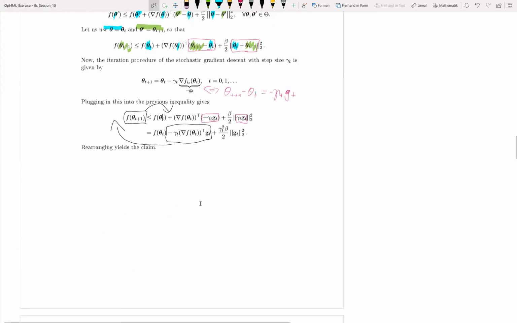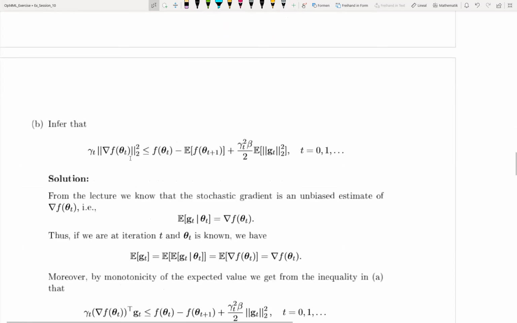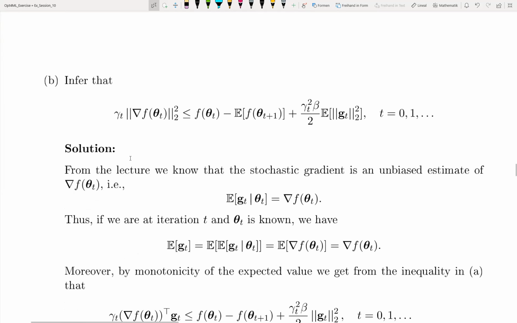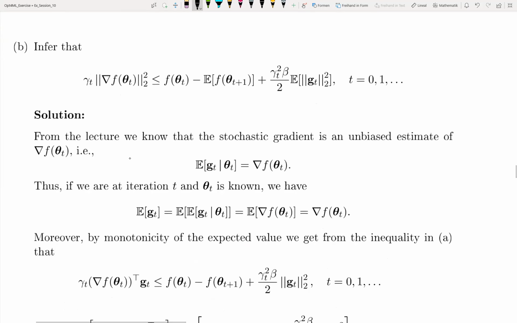All right. From here, we want to proceed as follows. We want to show that we get here expected values on the right-hand side, actually. And here we simply have to use what we have shown in the lecture, namely that the stochastic gradient, this GT here, is an unbiased estimate of the full gradient.